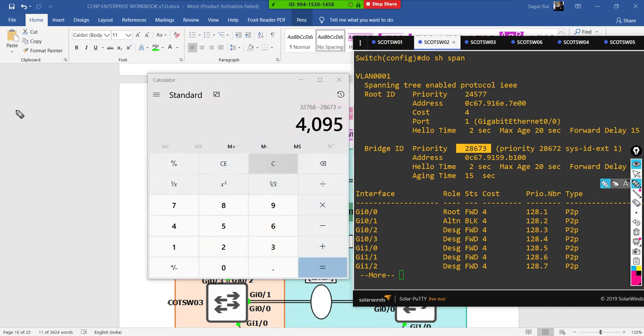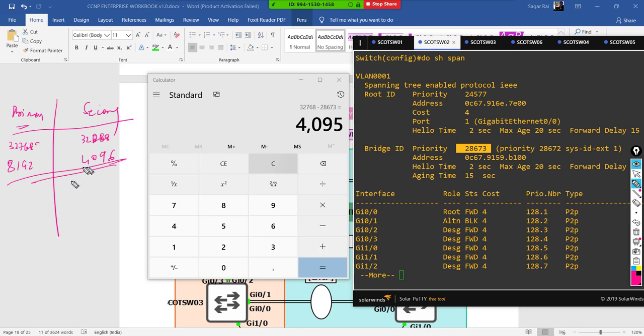Let me write it neatly. In the case of the primary and the secondary keyword, the default value is 32768. With the first keyword it subtracted 8192, and with the second it subtracted 4096.